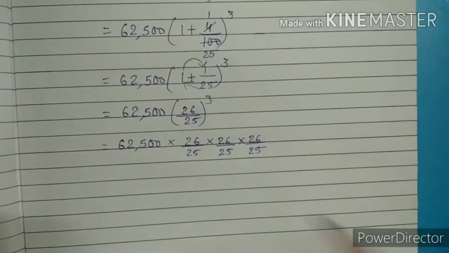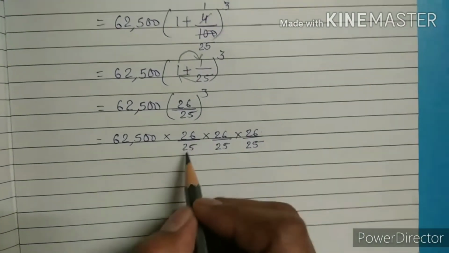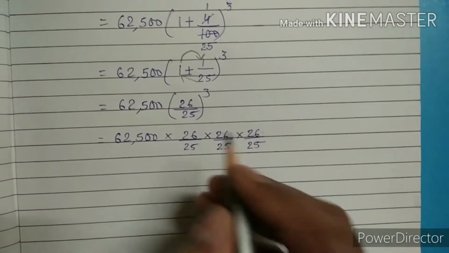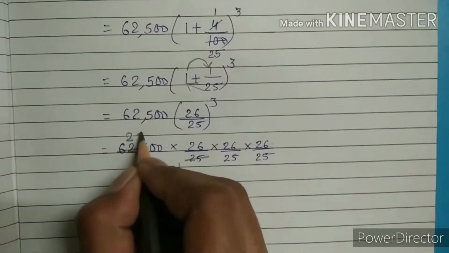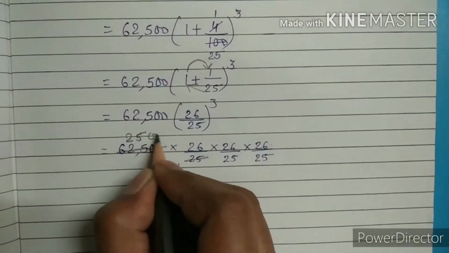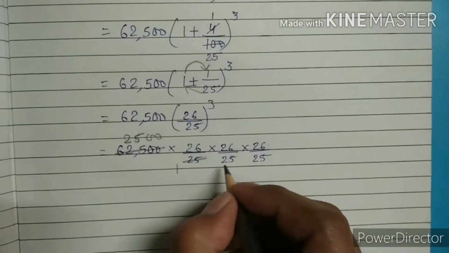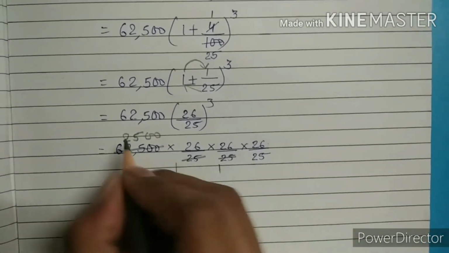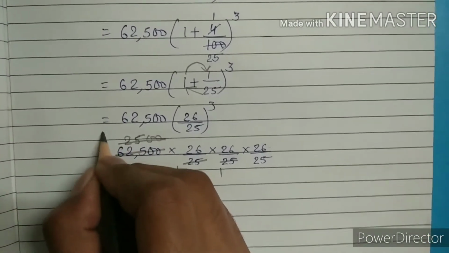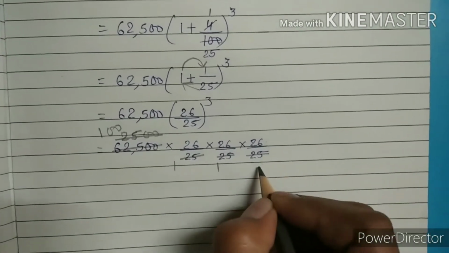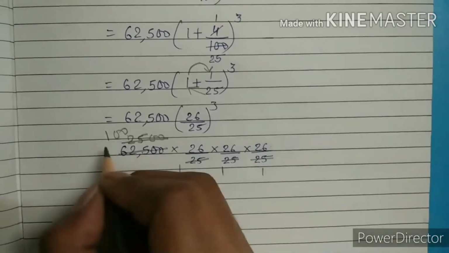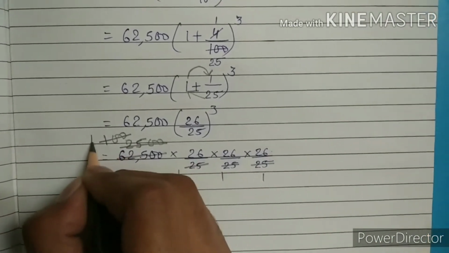Now we will reduce 62,500 with the help of 25. 25 will cut 625, 25 times, and double 0 as it is. Now you can see 25 1 is 25, here also 25 1 is 25, so 100 will come. Once again you can see 25 is 25 and 25 4s are 100.